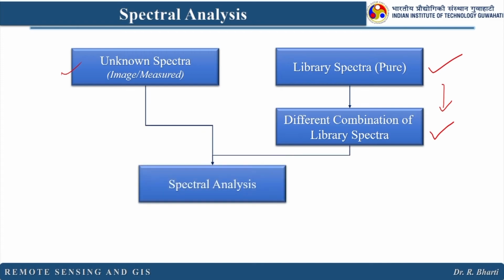After that, we will use this spectra and match it to the unknown spectra. So ultimately we are trying to resolve this unknown spectra, derived from one image or captured in the field, in terms of library information.